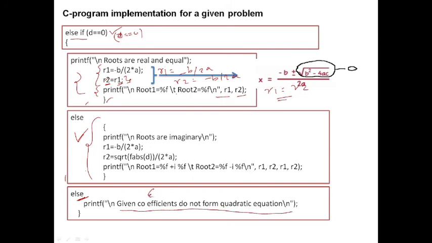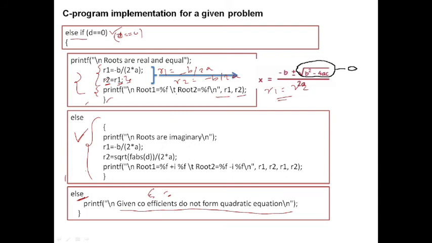So this else part will be executed only when the first if condition, that is a is not equal to 0, is not satisfied. Okay, so this is about the quadratic equation and how roots are calculated.